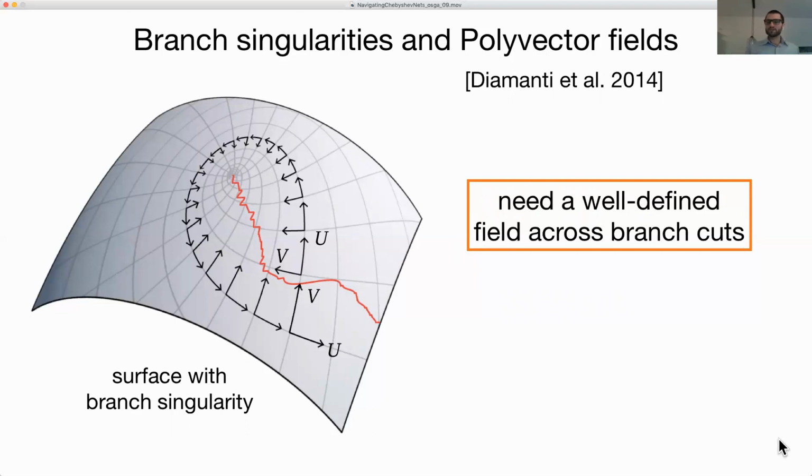To overcome this, instead of studying pairs of tangent vector fields, in the computer graphics community in Diamanti et al., they introduced this notion of a polyvector field.